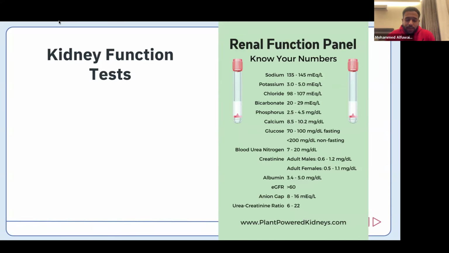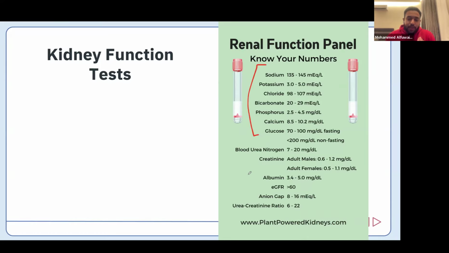So number one, if a patient has acute kidney injury, okay, no matter what the cause is, what do you want to order from all of this? So the answer is all of these electrolytes.